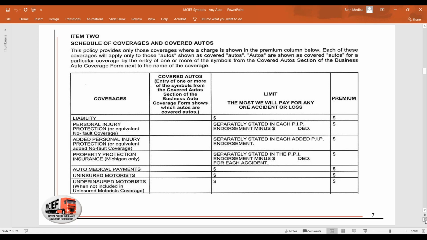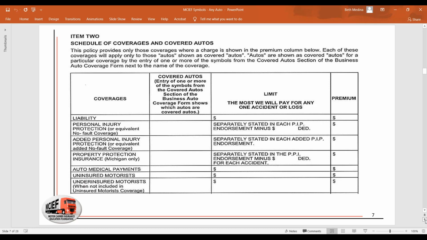This policy provides only those coverages where a charge is shown in the premium column below. Each of these coverages will apply only to those autos shown as covered autos. Autos are shown as covered autos for a particular coverage by entries of one or more of the symbols from the covered auto sections of the business auto, motor carrier form, or the business auto form or the motor carrier form. Same wording in either one.